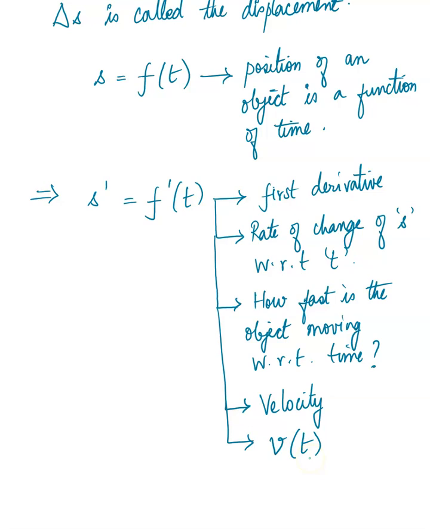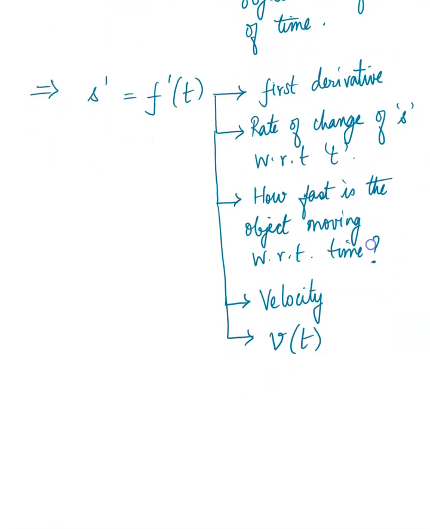So position was s as a function of time, and v of t is now giving us the velocity. And one more notation is that v of t is nothing but ds over dt, right? If you use the d over dt notation, it's the derivative of s with respect to t. That's the rate of change. So you can make a number of relations from here.